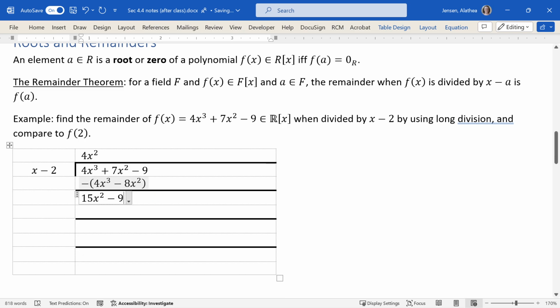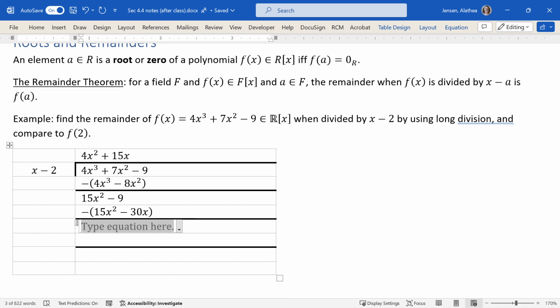Okay, so now for the next term, what do I need to multiply x minus 2 by to get the 15x squared part here? So I'm going to do 15x up here, and now I'm doing 15x times x minus 2, and I'm going to subtract that, so this will be 15x squared minus 30x, all being subtracted. When I subtract, the 15x squareds cancel.